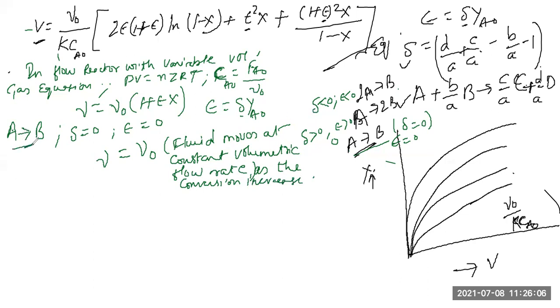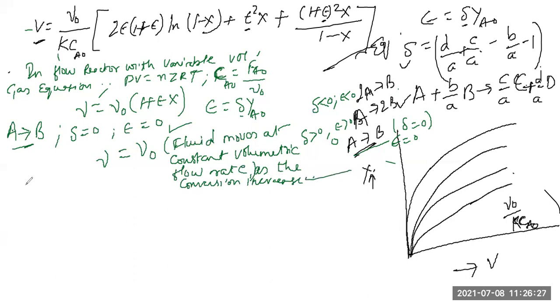Does the reaction result in an increase in the number of moles, a decrease in the number of moles, or does the number of moles remain the same? The first case is when the number of moles remains the same. So the fluid moves at constant volumetric flow rate.